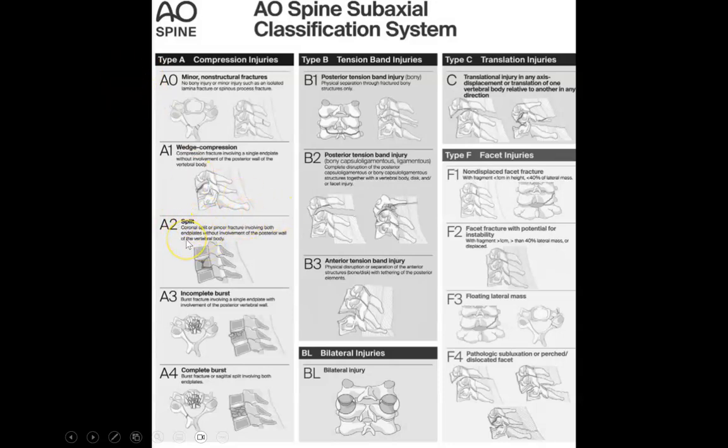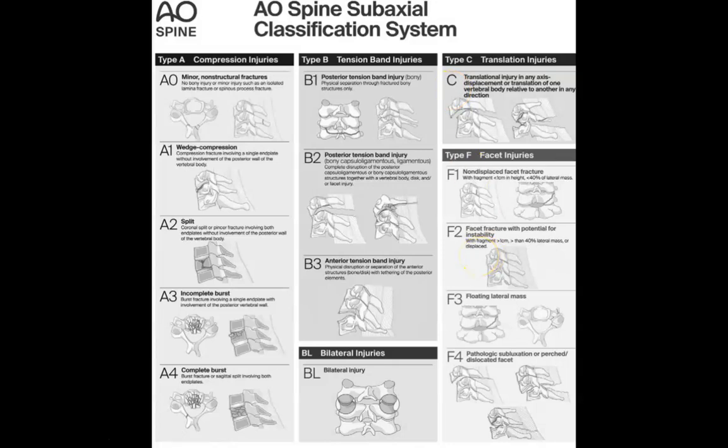This is an A2, and posterior band injury, we call A2, B2, and there is translation, A2, B2, C. And for the facet joint, it is a fissure less than 1 centimeter or less than 40% of the joint, say A2, B2, C, F2.